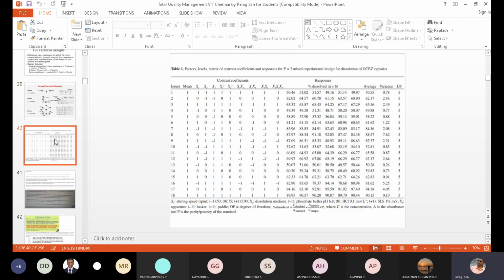Now, this is an example of the three-level factorial design. In case of three levels, you can see that instead of only -1 and +1, 0 is also considered. 0 is for the medium level.